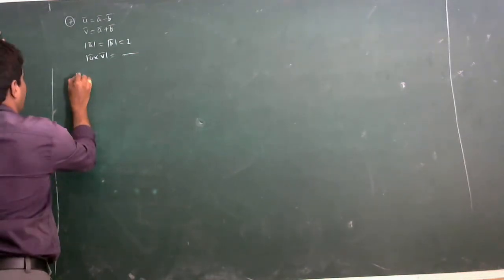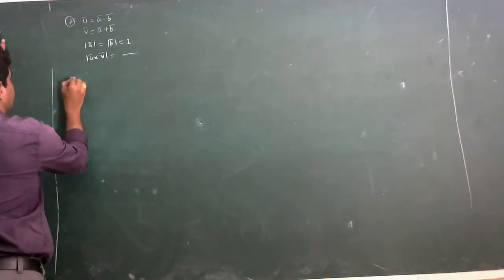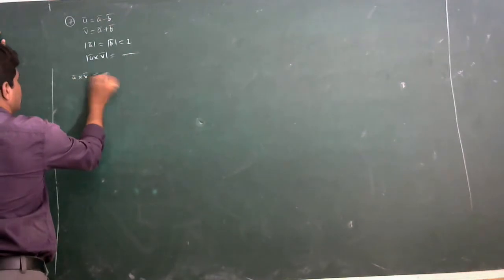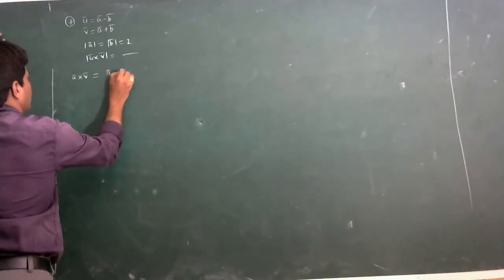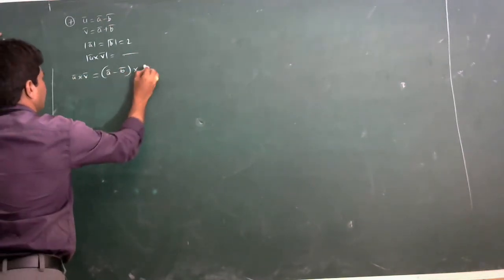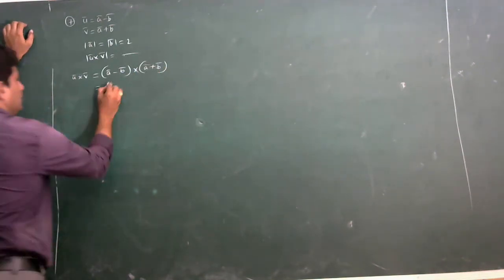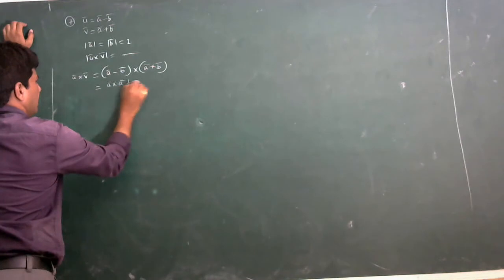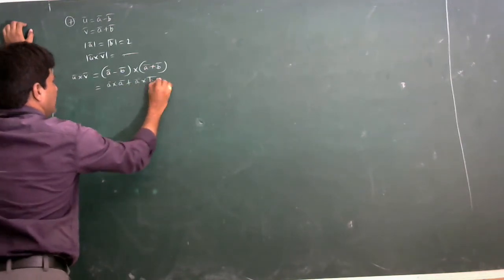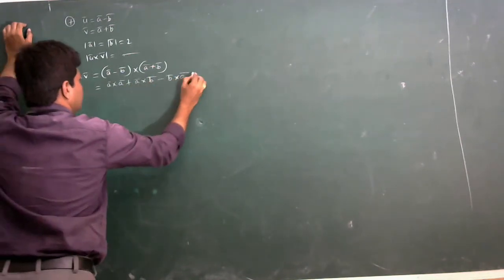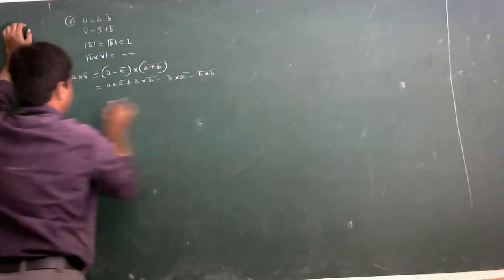See here, I am going to find the value of u cross v first of all. Later we will find the modulus. What is u cross v? (a bar minus b bar) cross (a bar plus b bar). Now take the distributive property. This is a bar cross a bar plus a bar cross b bar minus b bar cross a bar minus b bar cross b bar.